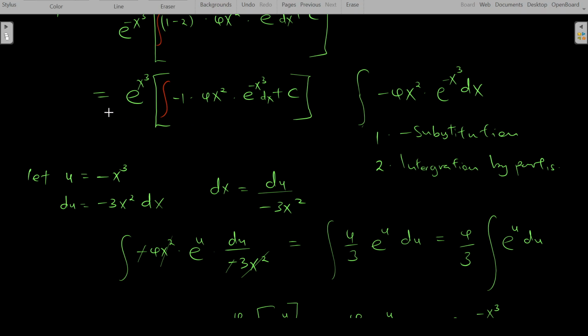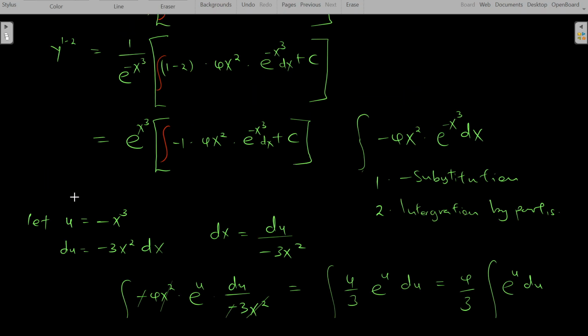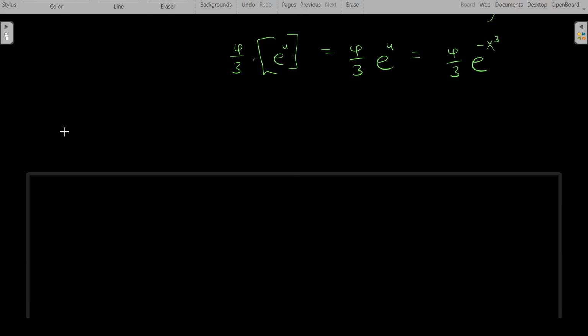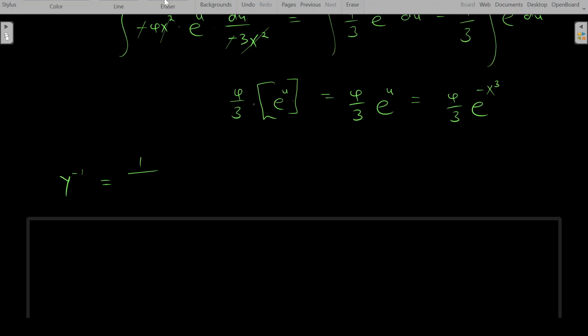So remember we were dealing with y raised to negative 1, which should give me 1 upon mu, but what's our mu?